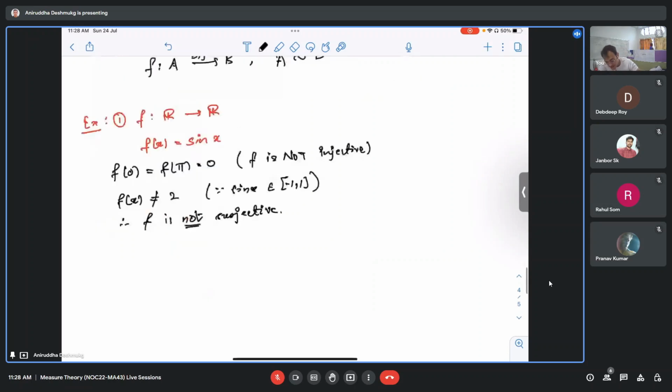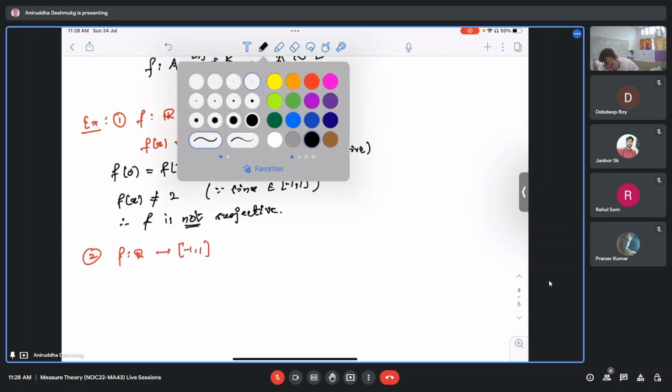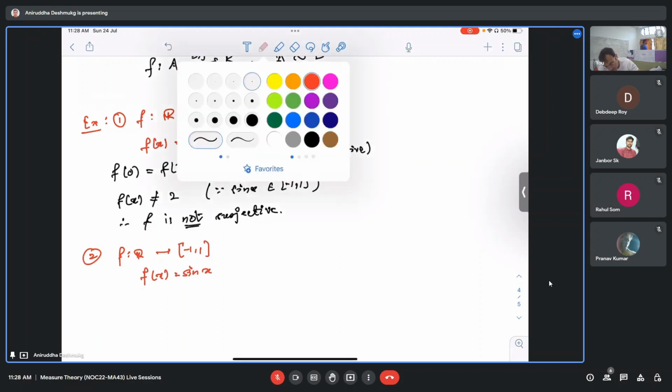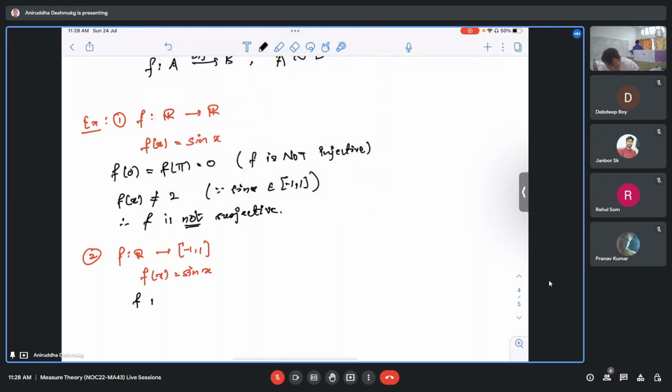Okay, but if we try to change the domain and codomain of it, then it may become injective or surjective or whatever. So if you look at again from R to, say, [-1, 1], same function, f(x) is sin x. If you look at this, then f is surjective, but again not injective, right? The same counterexample.